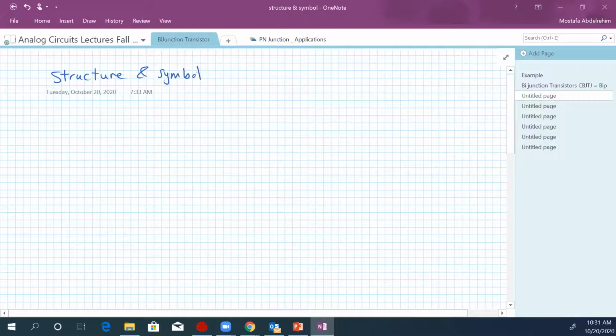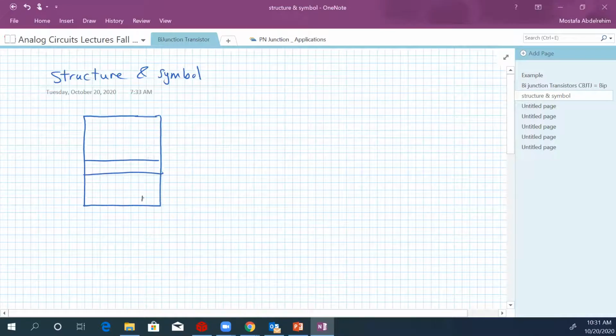So this is the structure of the transistor. It has three regions.